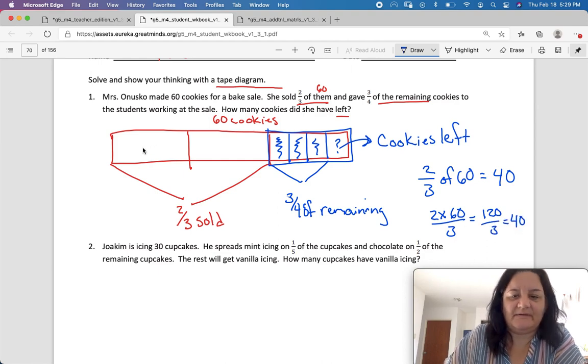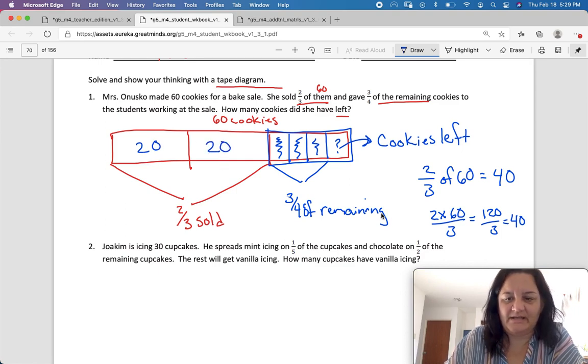Okay, so if this whole section is 40, then each of these is 20. So 20, 40. If we know that 40 were sold, then each of these sections is worth 20.